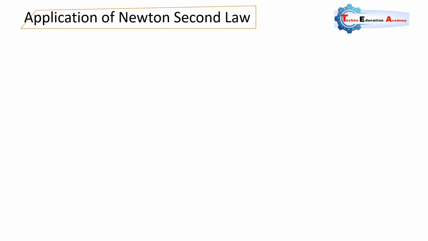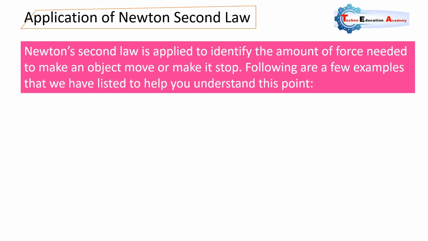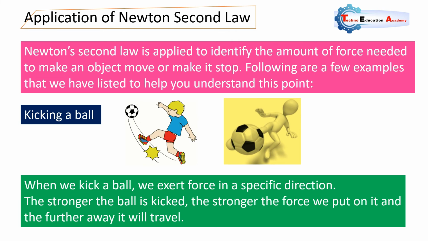What are the applications of Newton's second law? Newton's second law is applied to identify the amount of force needed to make an object move or make it stop. Following are a few examples that we have listed to help you understand this point. Whenever we kick a ball, we exert a force in a specific direction.